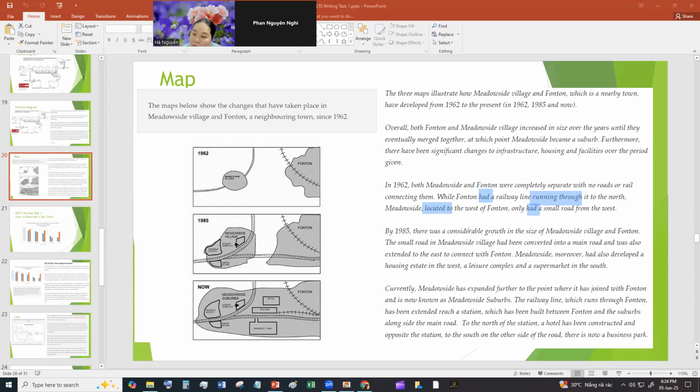Okay, and you can turn the verb into a noun phrase. Was a considerable growth in size. Had been converted into. Had also developed. Has expanded further. Runs through. Has been extended. Reach.